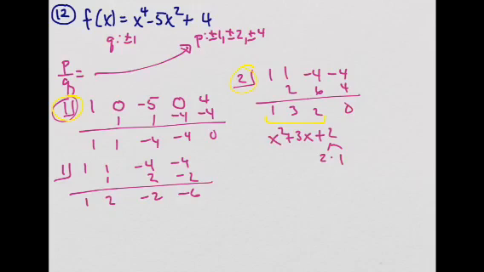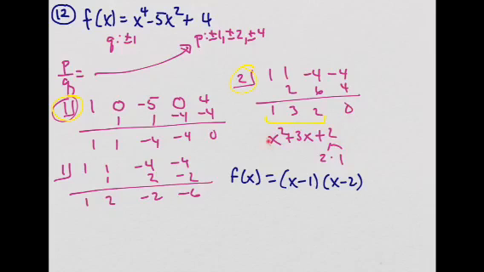So I'm going to write f of x equals x minus 1, x minus 2. And x minus 1, x minus 2 comes from this 0 and this 0 right here. So that's how I got x minus 1, x minus 2.